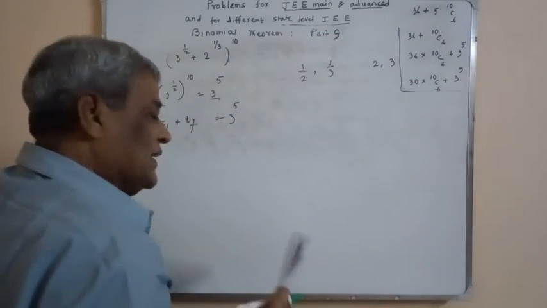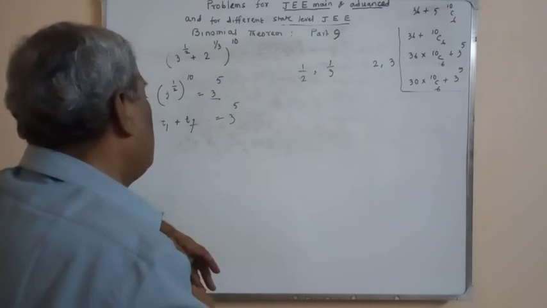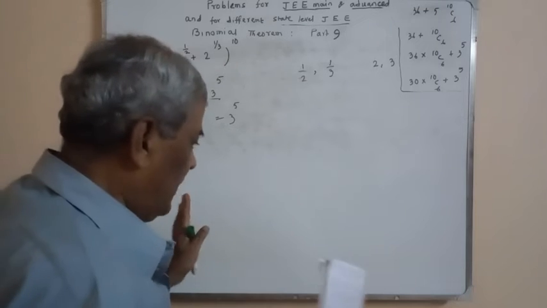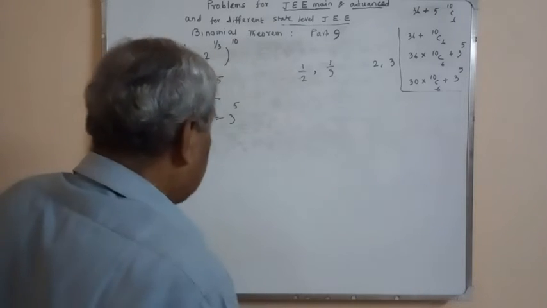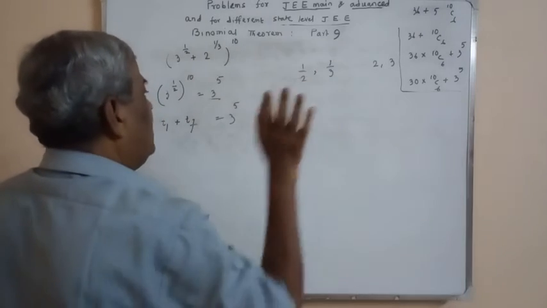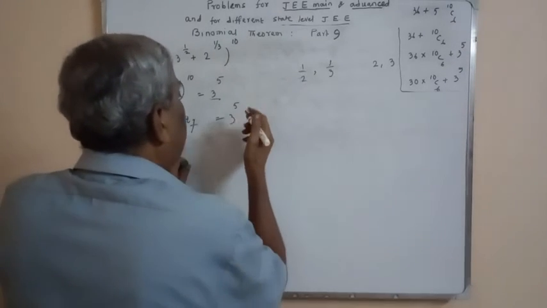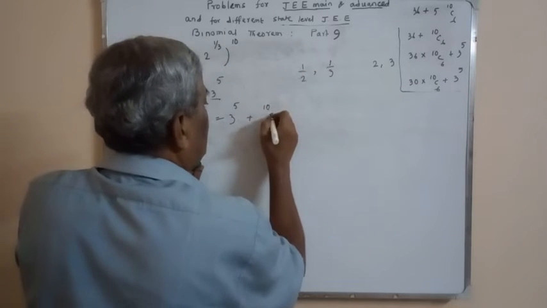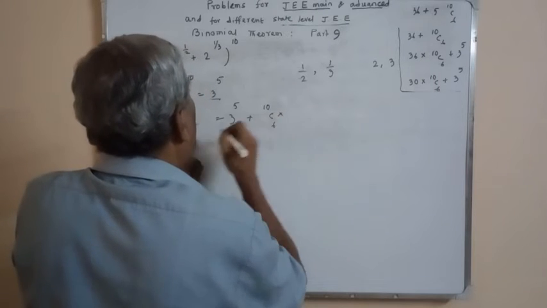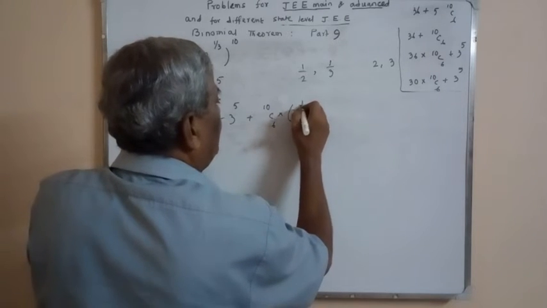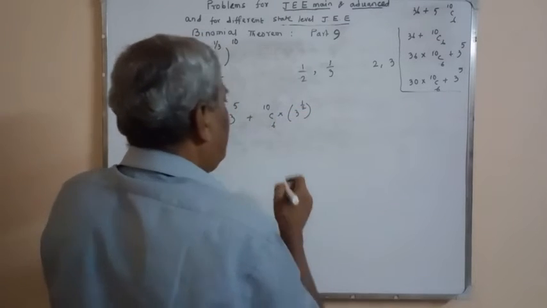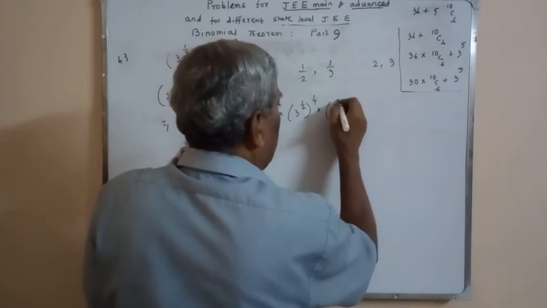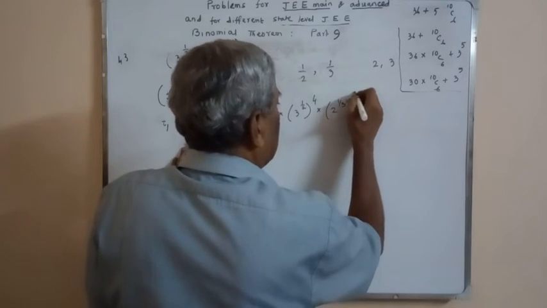So just now I discussed that the first term and 7th term will contain integral values. The first term is simply 3 to the power 5, as we have just seen. The 7th term will be 10C6 into (3 to the power half) whole to the power 4 into (2 to the power 1 by 3) whole to the power 6.